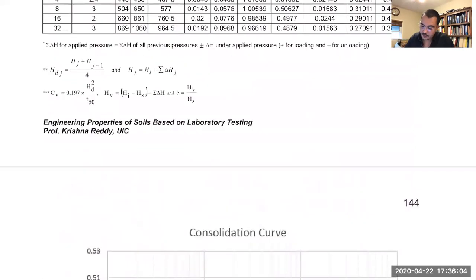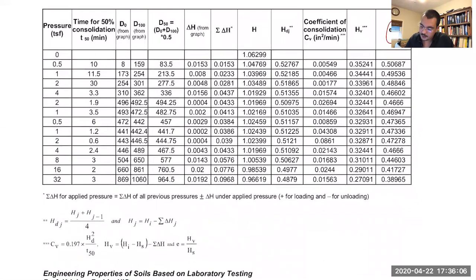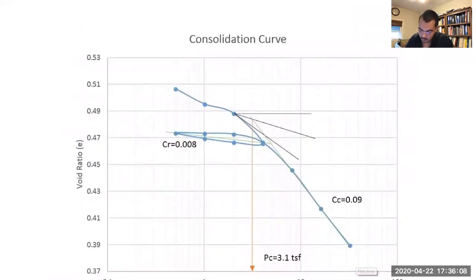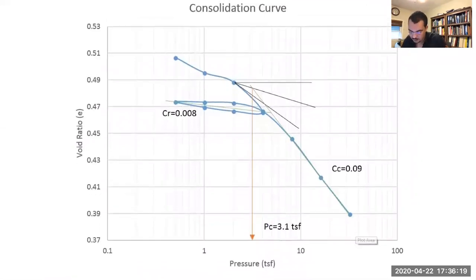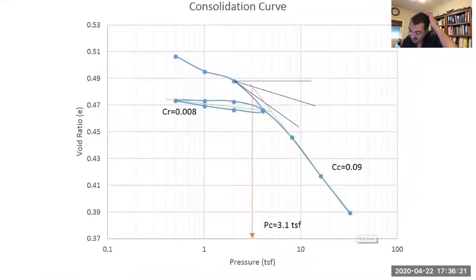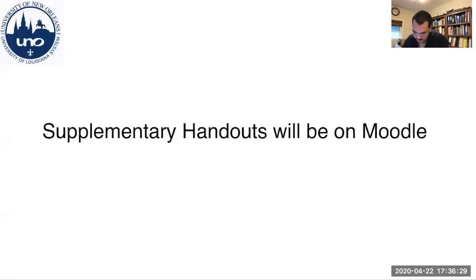Now, after you've plotted this void ratio on the y-axis, and the pressure here, again, log scale, you will have a consolidation curve that looks something like this. Now, this is a very important one.